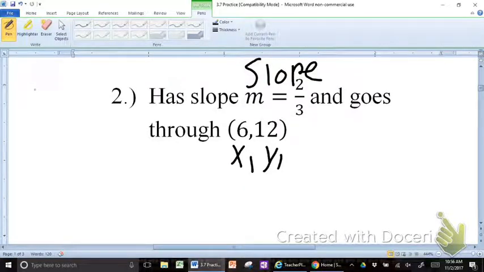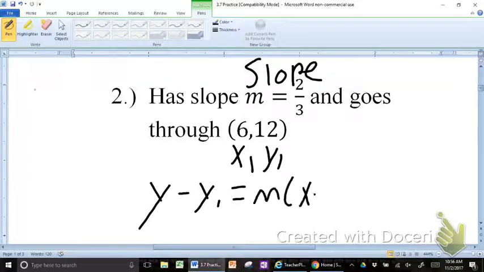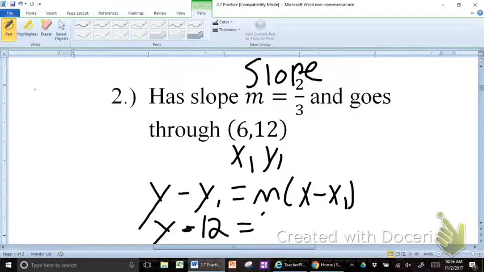So I'm just going to write the equation straight in. y minus y1 equals m, x minus x1: y minus 12 equals 2/3, x minus 6. And that's the only correct answer.